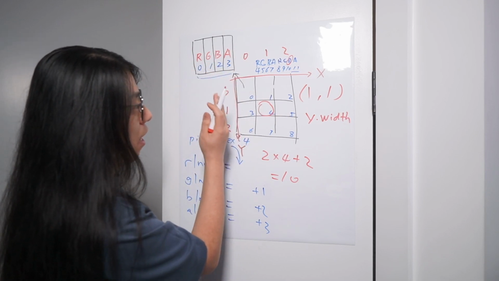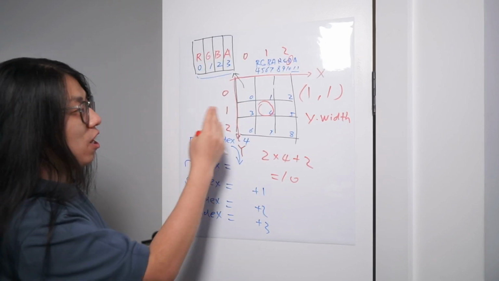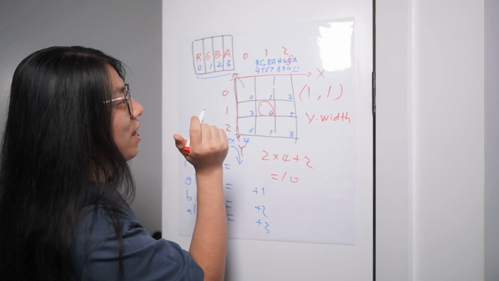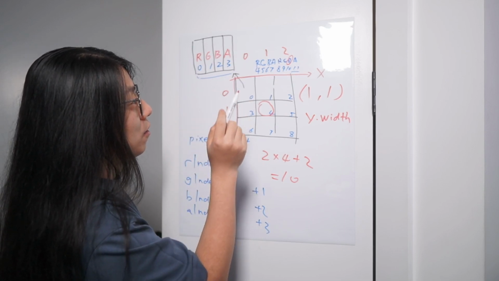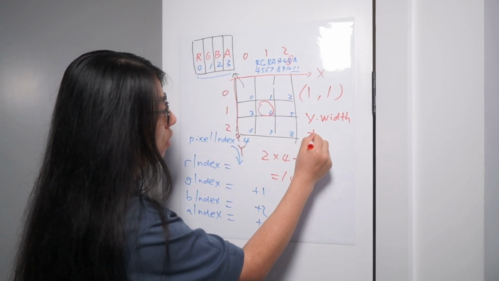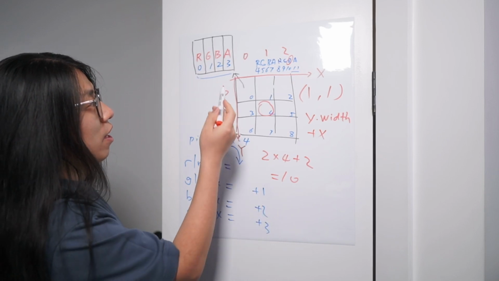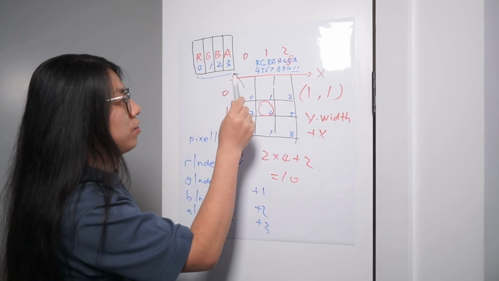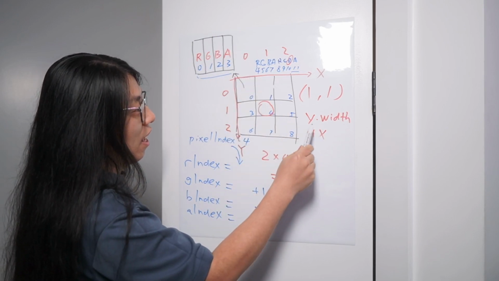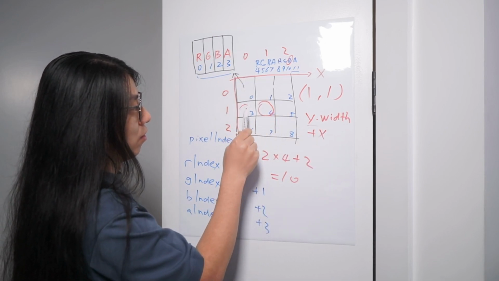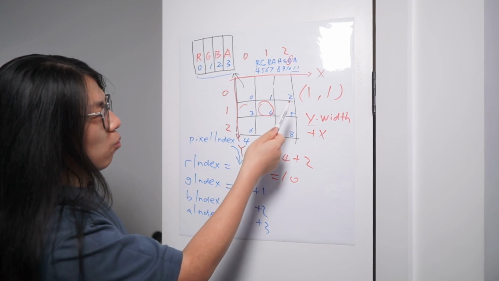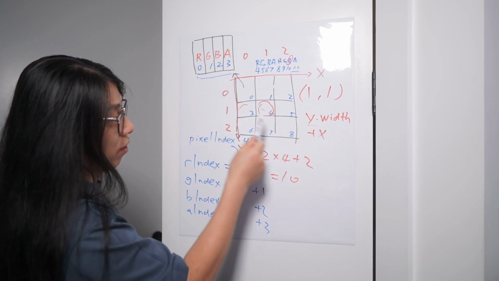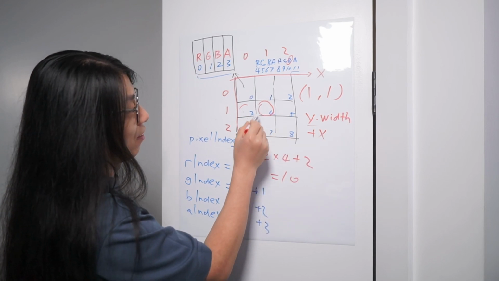And then we need to count how many pixels we have gone so far from left to right, and that is essentially plus x. The reason is that all the numbers start with 0. When you have 1 times 3, which is the width, plus 0, you get 3, plus 1, you get 4.